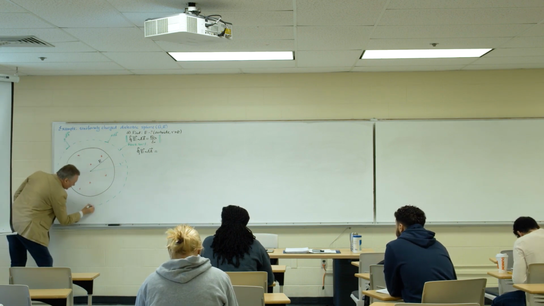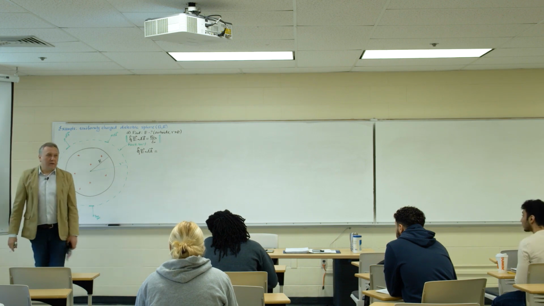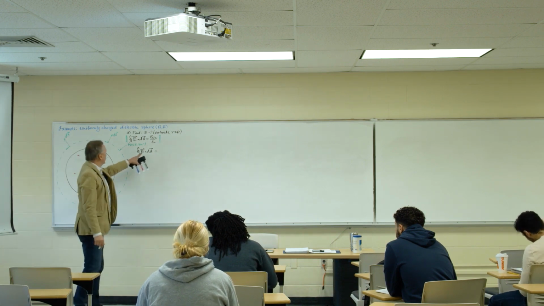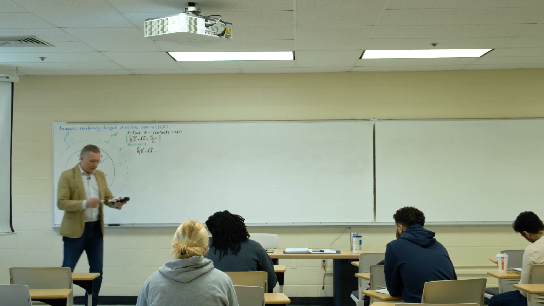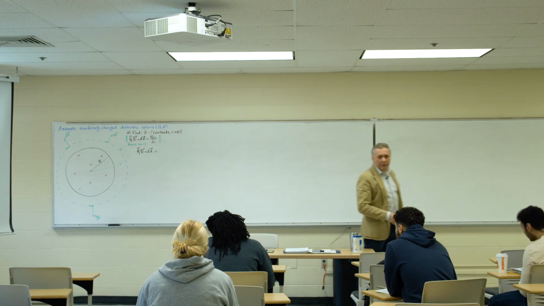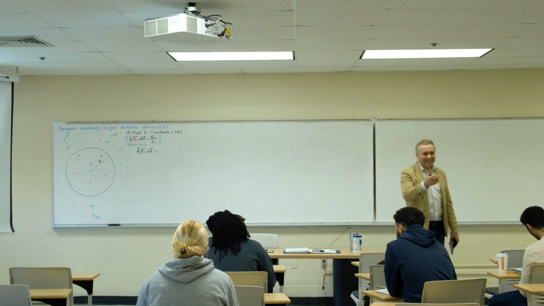I can draw it also over here somewhere. So it's radial. Okay, great. Now, what about the electric field vector? Can you guess what the direction of the electric field is because of the symmetry? Kind of a gut feeling?